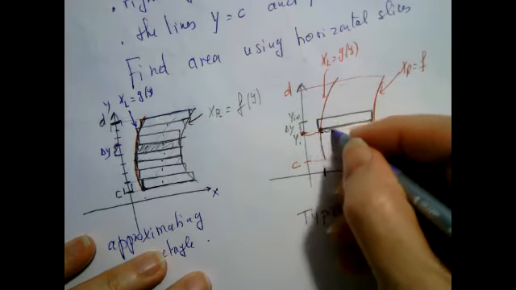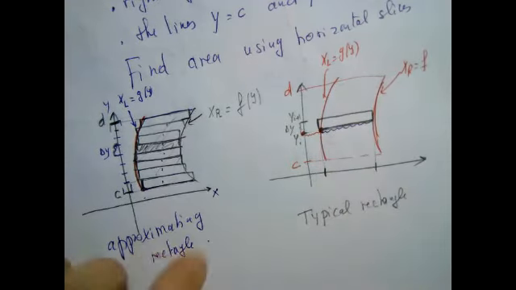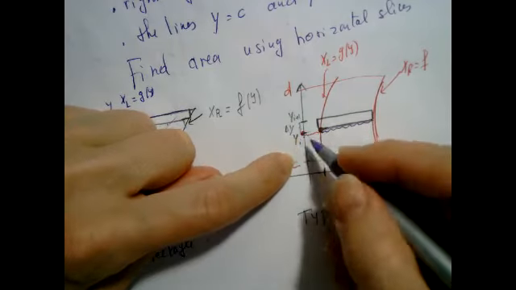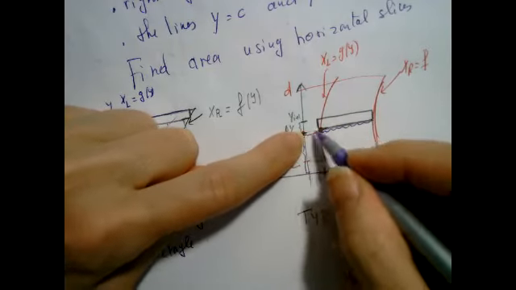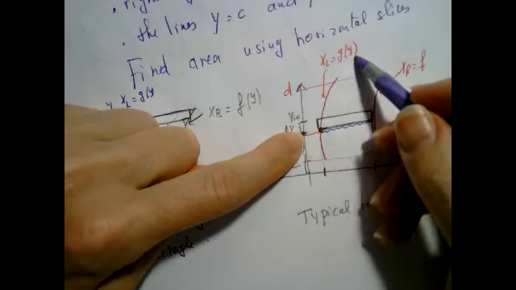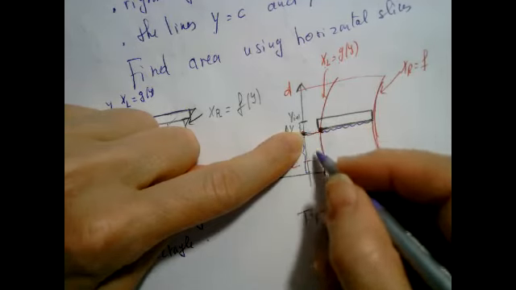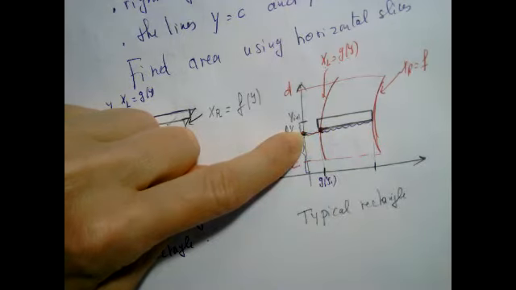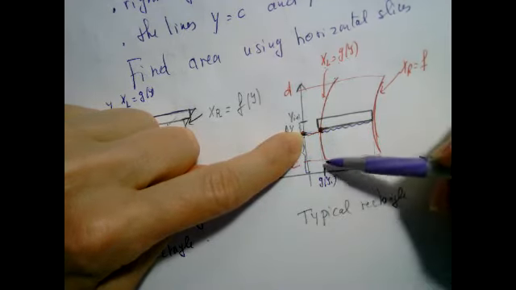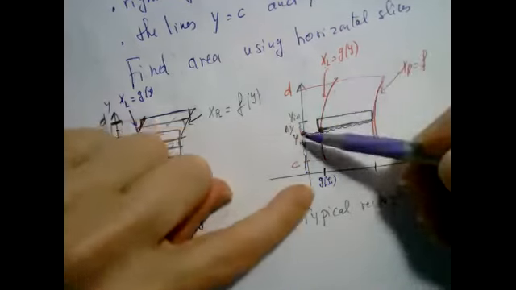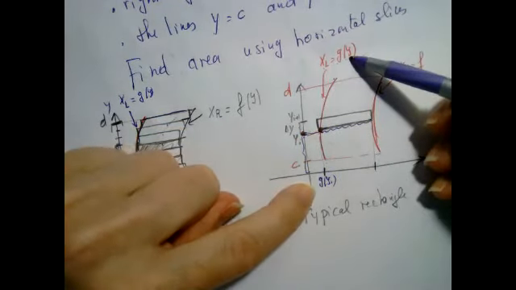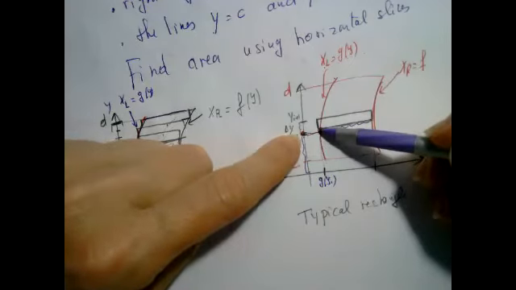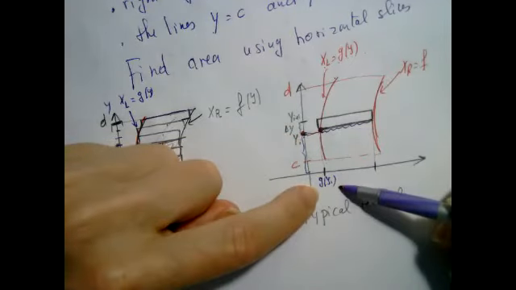I want this length. How much is this length? Okay, this little red line. If this is yi, this is the curve x equals g of y. It means this here is g of yi, because on this curve, x is g of y. So if I know the y, the formula will give me the x coordinate, which is from here to here. So this is actually g of yi.